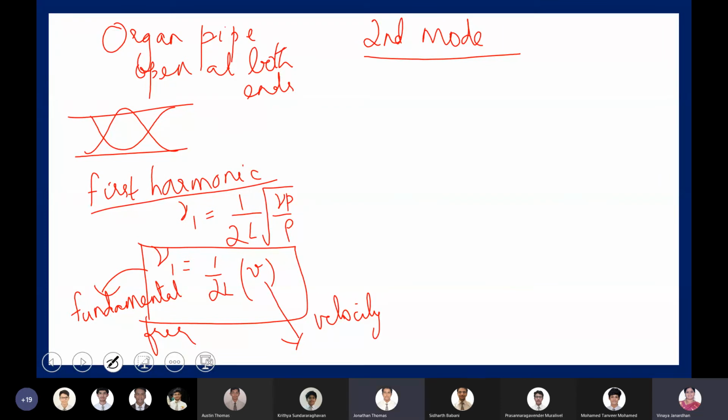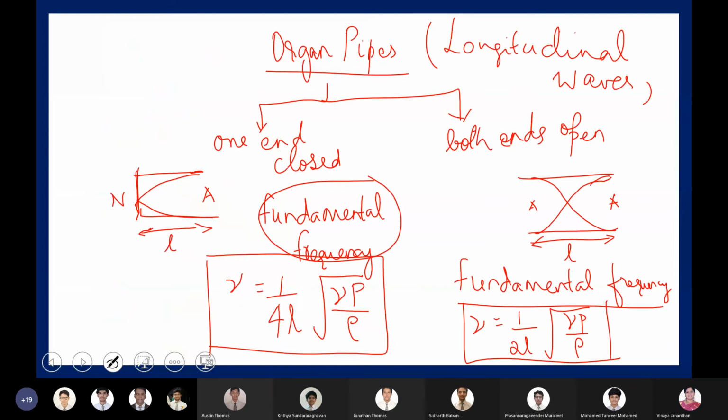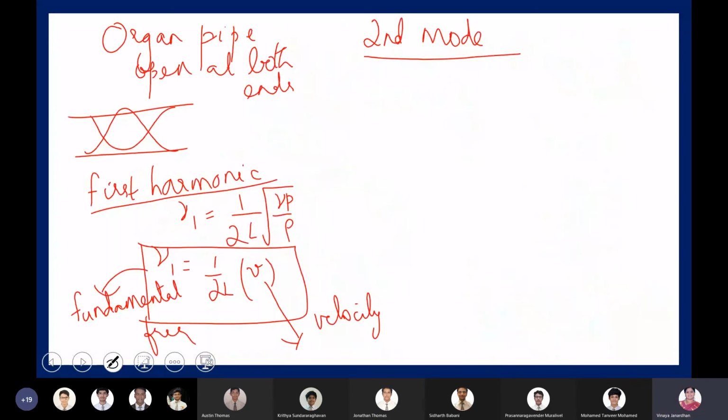You wrote 1 by 2L there? Where? In the previous one. Previous one for open, one second, boys. Both ends open, correct? 1 by 2L, correct.